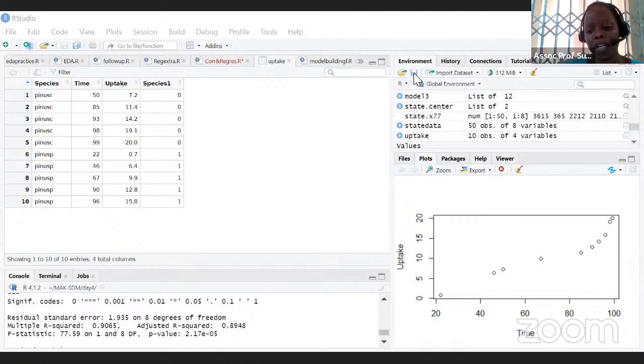We run a correlation between the response and the independent variables. You remember correlation is related to the R squared. If we get the square root of R squared, it gives us the correlation value of each of those variables you've put in the model.